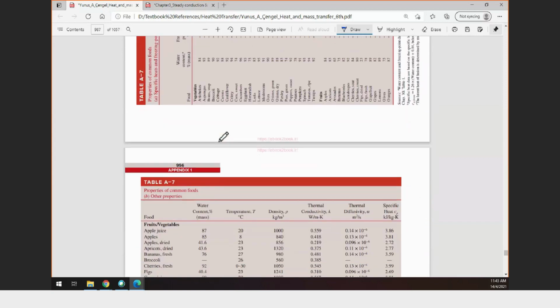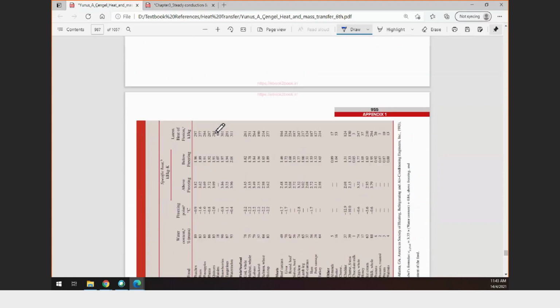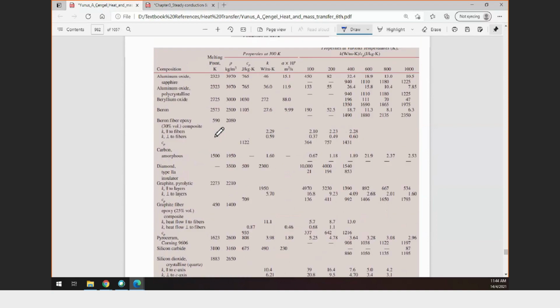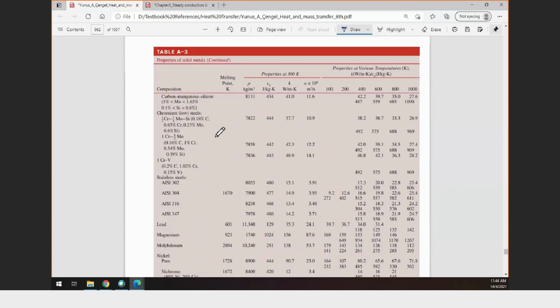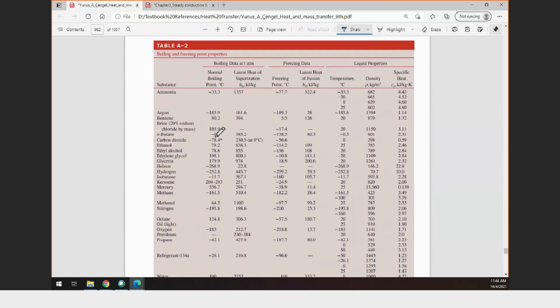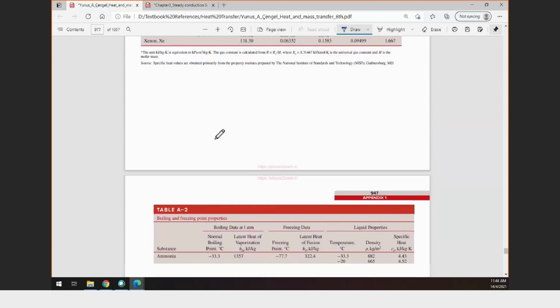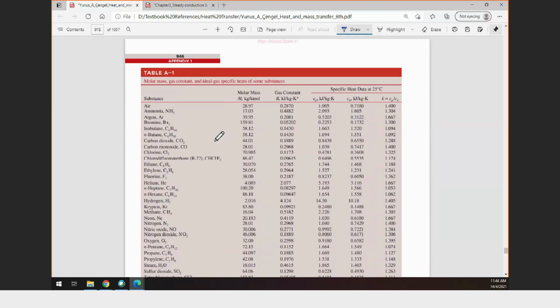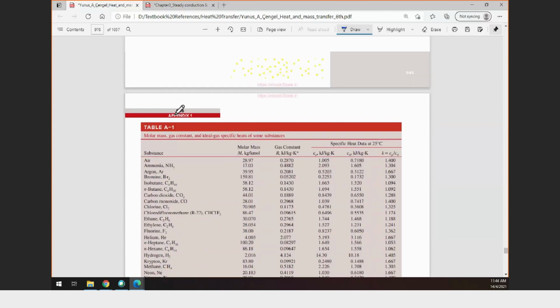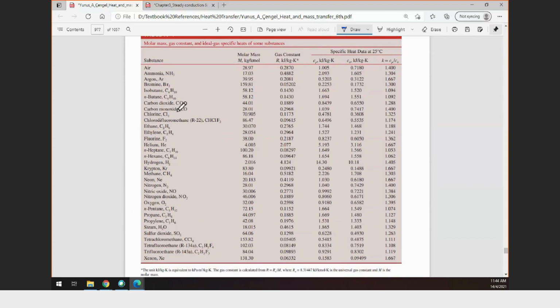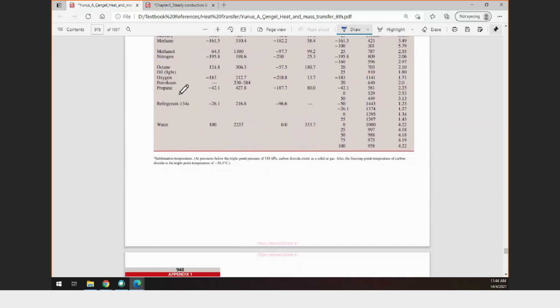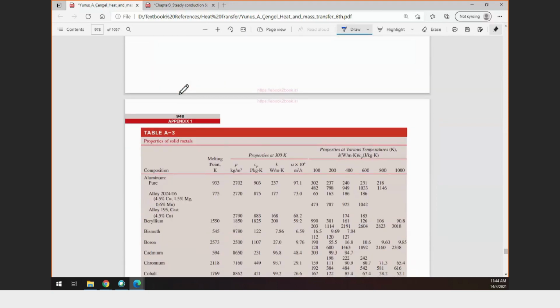Looking for specific glass. Where is the air? Air you can go for the gas.